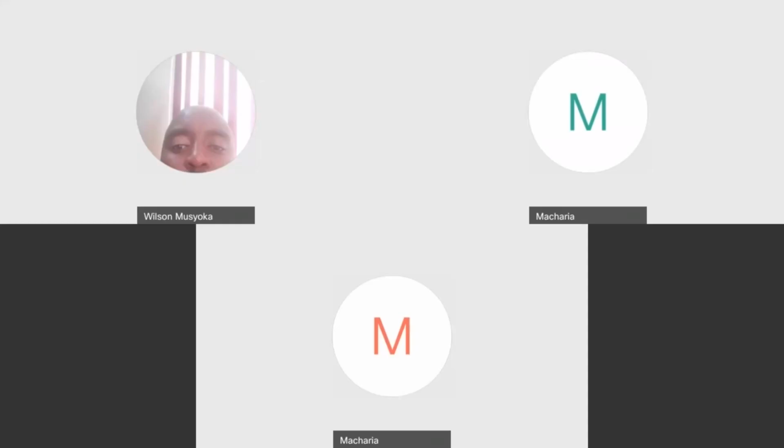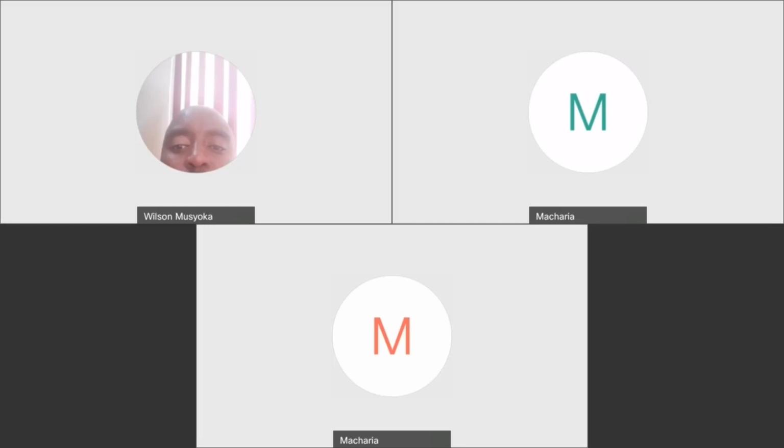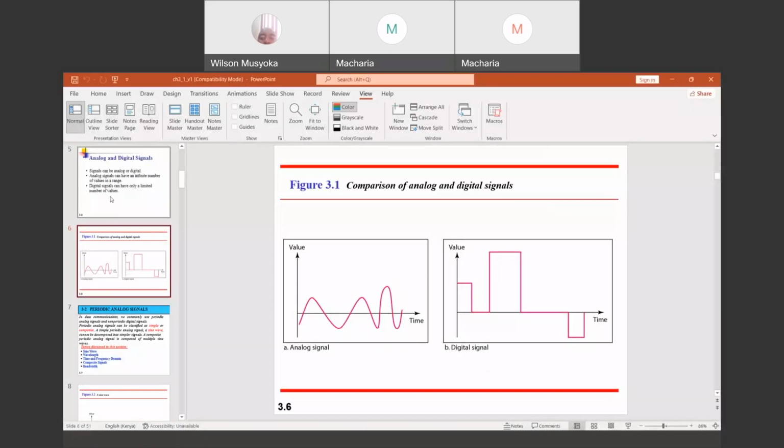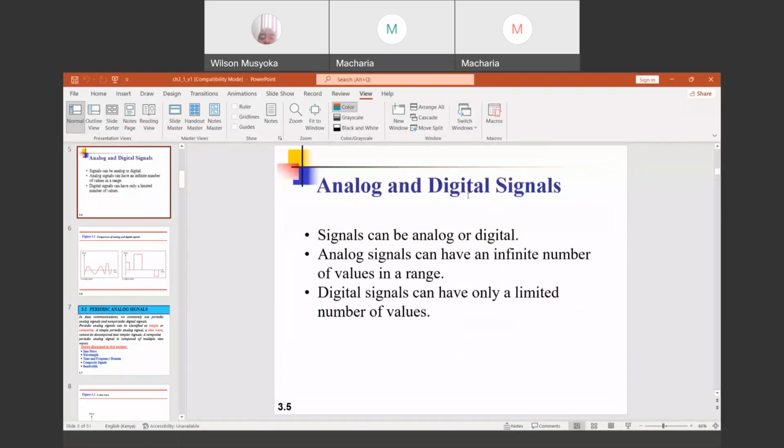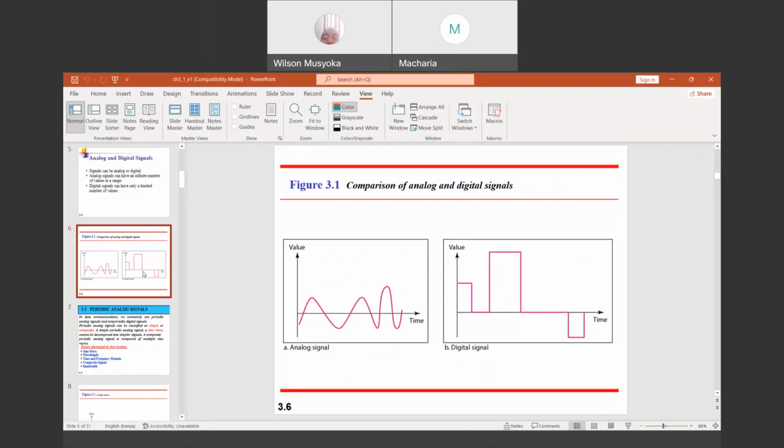When we are talking about signals, we normally say that they can either be analog or digital. Analog signals have an infinite number of values in a range. Digital signals can only have a limited number of values. And this is how they look graphically.